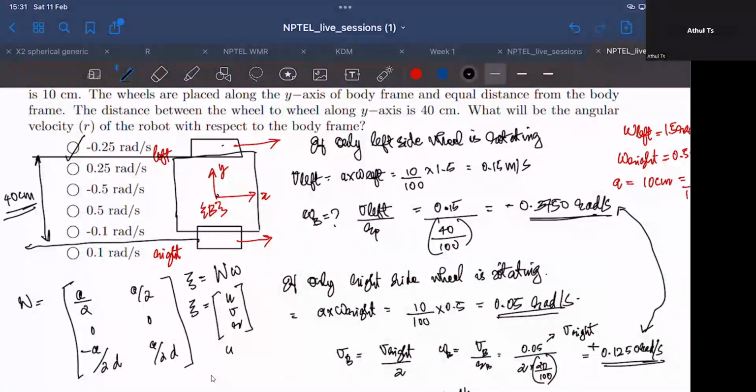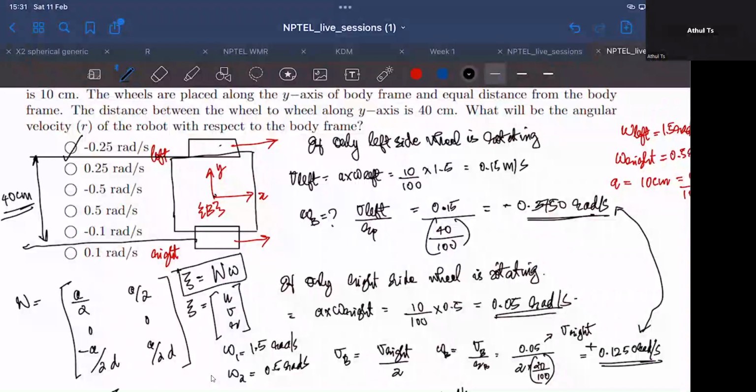And your omegas are also given. Your omega 1 is 1.5 radians per second, and omega 2 is 0.5 radians per second. If you simply plug these into this transformation, the third element, zeta 3, would be minus 0.25 radians per second.